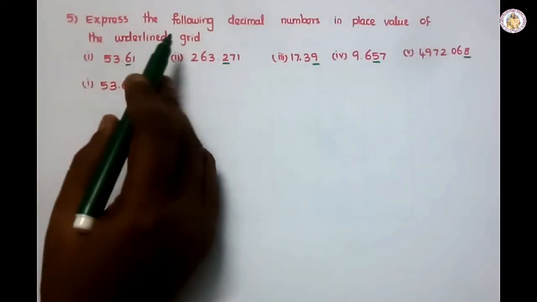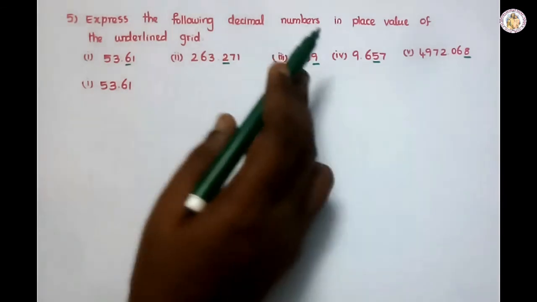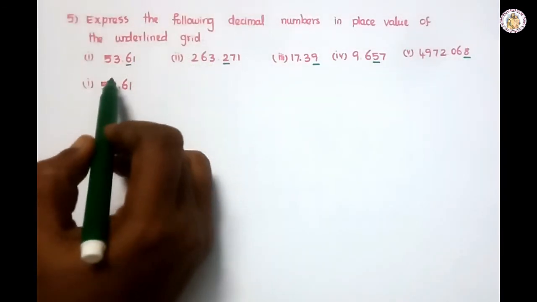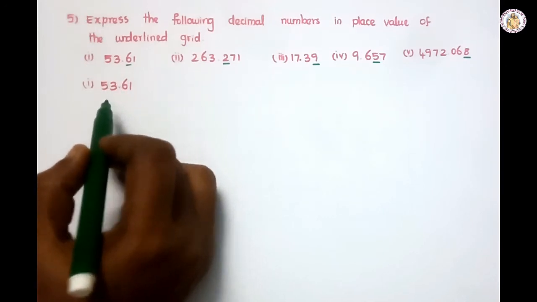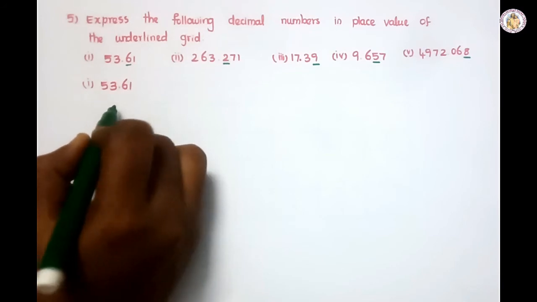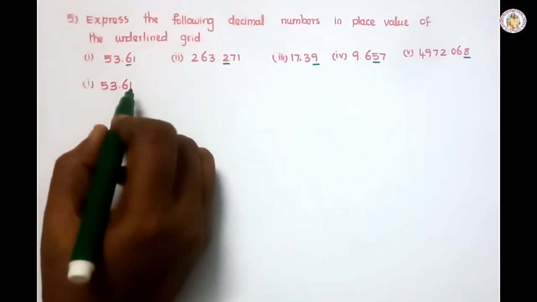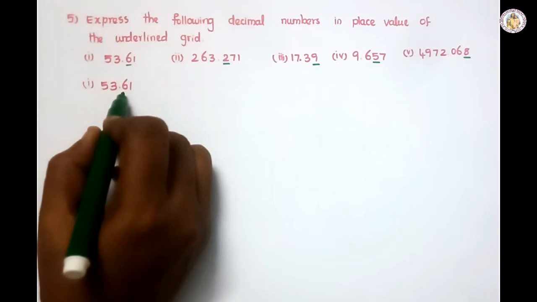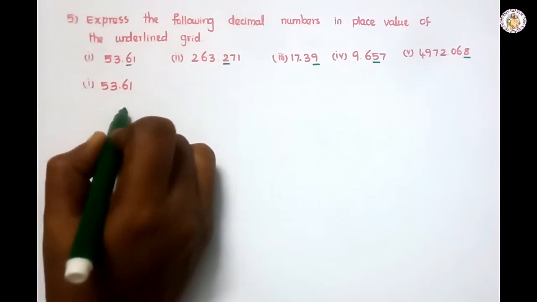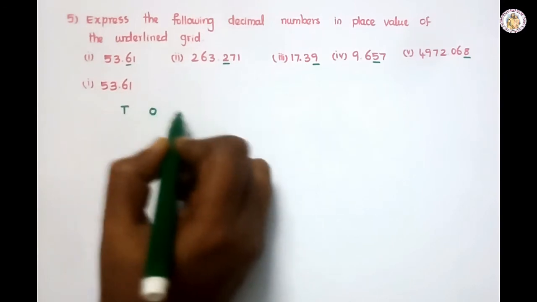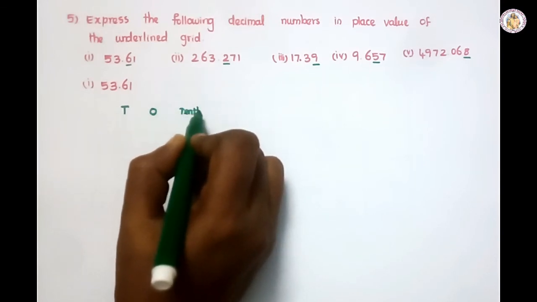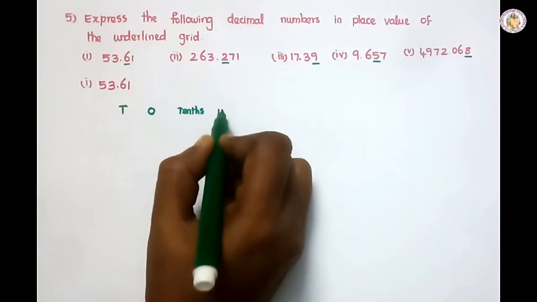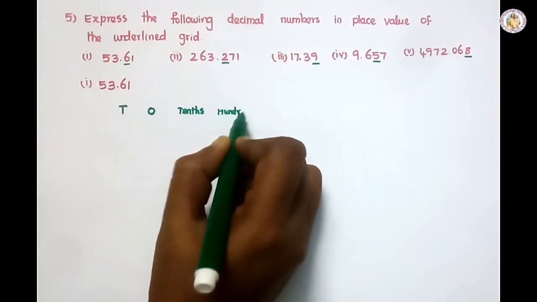Fifth one, express the following decimal numbers in the place value of the underlined digit. First one, 53.61. Listen here. Ones, tens. Here, tenth, hundredth. So, tens, ones, tenths place, hundredths.